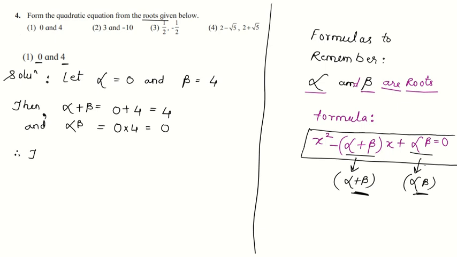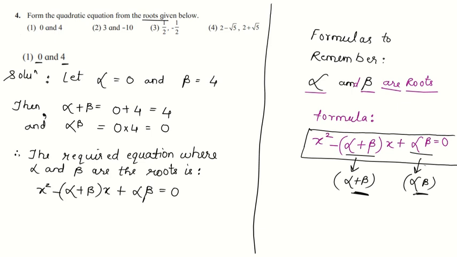Therefore, what is the required equation where alpha and beta are the roots? It is x squared minus (alpha plus beta) x plus alpha into beta.